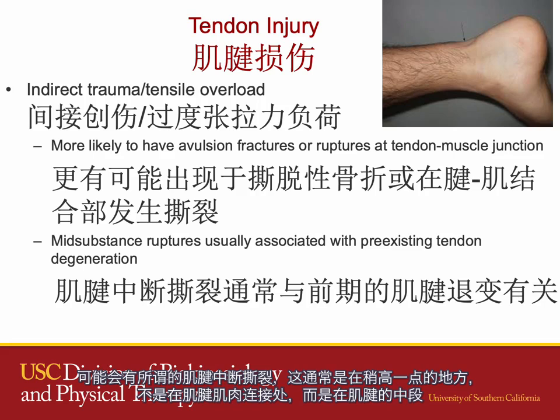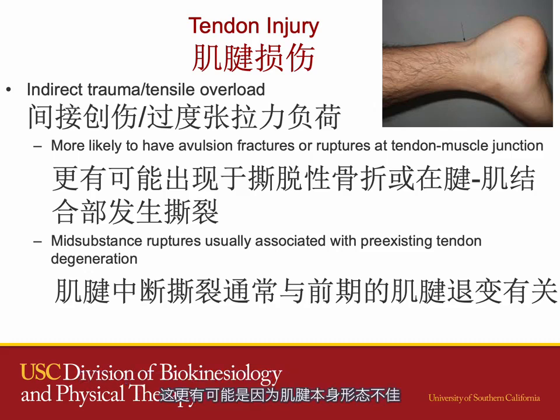So that's usually a little bit higher up, not right at the junction of the tendon-muscle junction, but it's actually in the middle of the tendon. And that's more likely because the tendon itself was not in good shape. So it wasn't a healthy tendon to begin with. So then it's going to rupture more in the middle of the tendon.